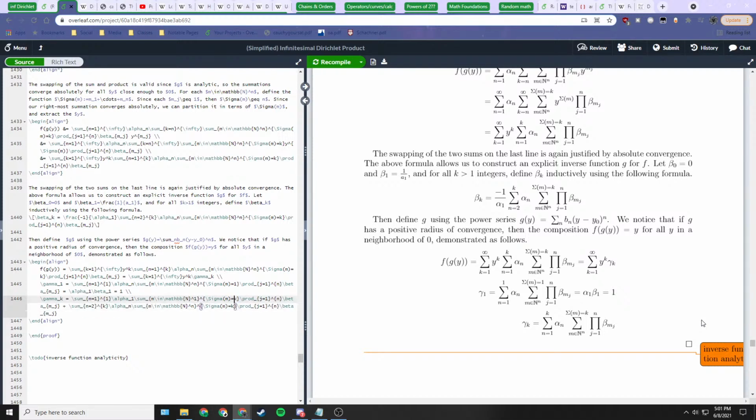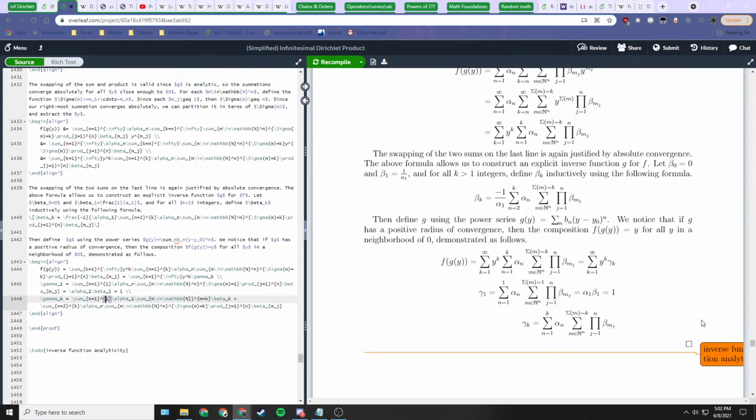So because m is in n1 and sigma k, then actually m equals k, so m sub j would be k. We have this n, again, is 1. This product goes away.